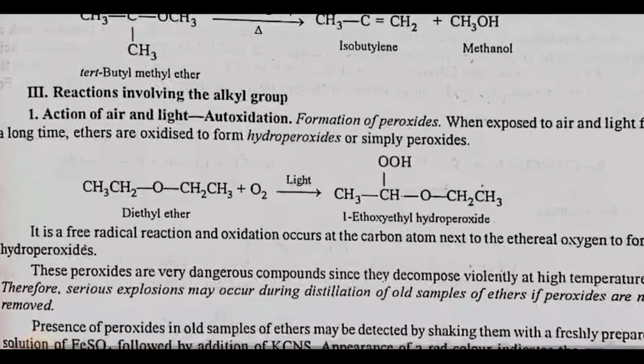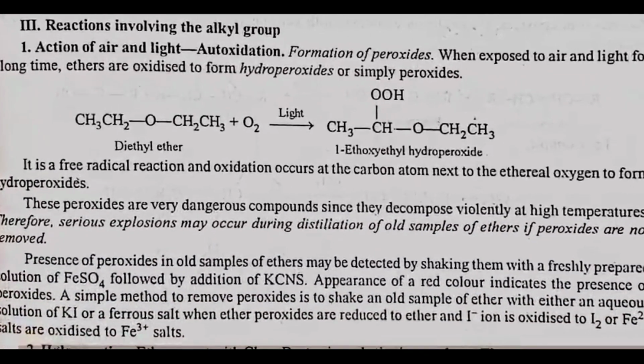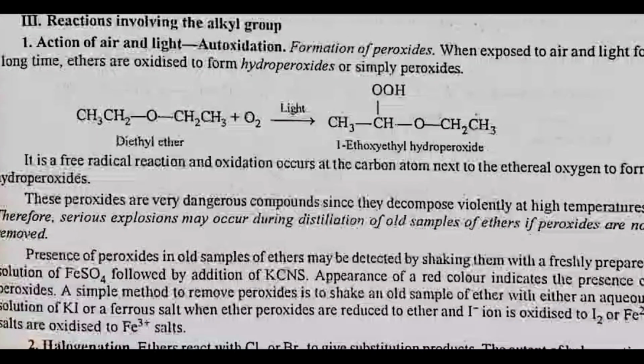Third, reactions involving the alkyl group. First, action of air and light. Auto-oxidation, formation of peroxides. When exposed to air and light for a long time, ethers are oxidized to form hydroperoxides or simply peroxides. Diethyl ether in presence of light and O2 gives 1-ethoxy-ethyl hydroperoxide.